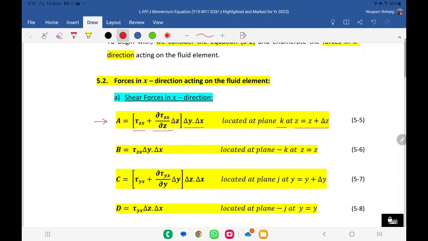It is the area of the top plane, and you multiply the shear force by the area, you get the force on the top plane. This B is similarly the shear force because of tau Zx on the bottom plane, right, and it will be on the negative side. Okay. I have shown here positive because my arrow B there is negative.